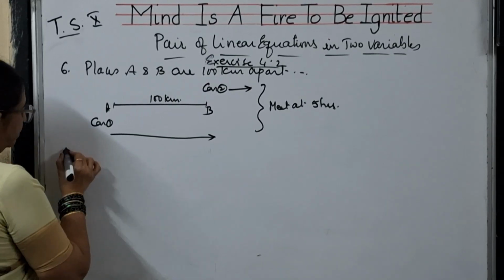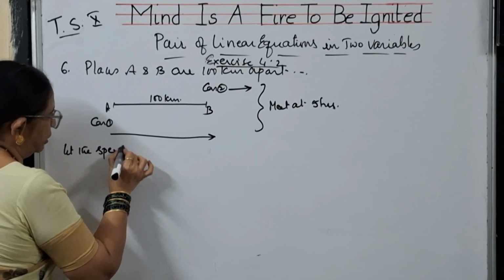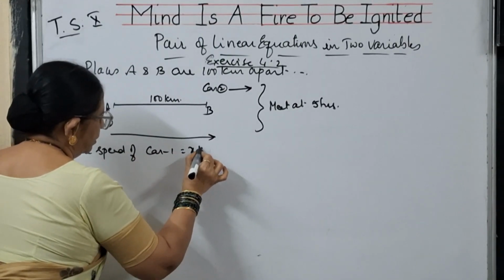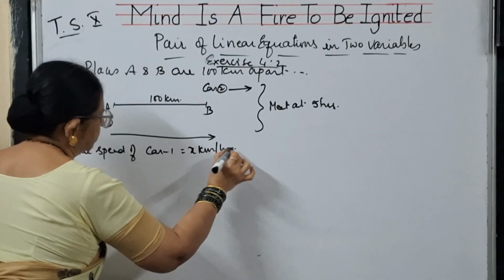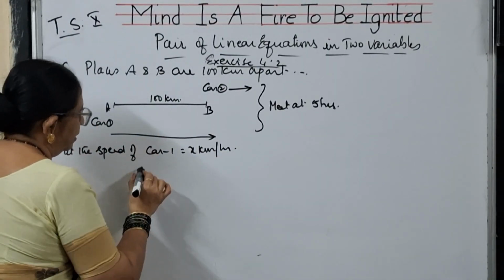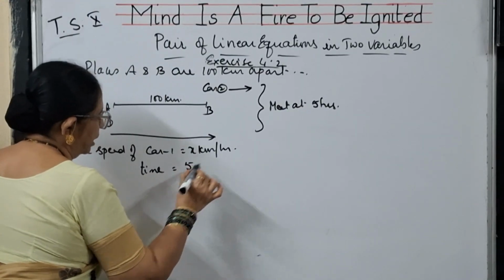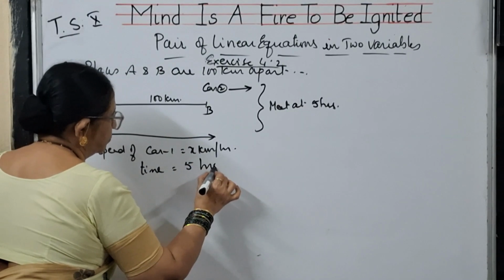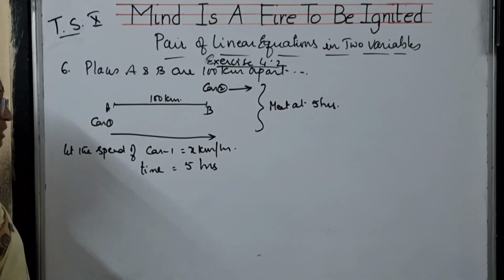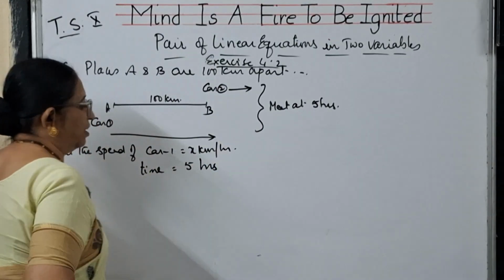Now first let us suppose that the speed of car 1 is equal to x kilometers per hour. And what is the time? Time is 5 hours because both of them meet each other at 5 hours, means for 5 hours car 1 is traveling.